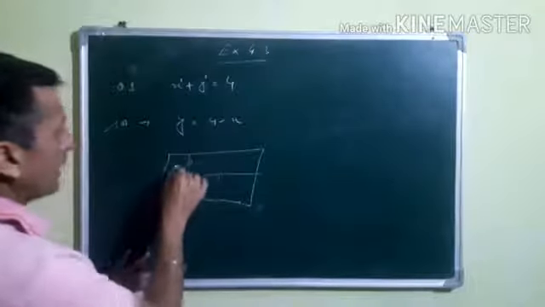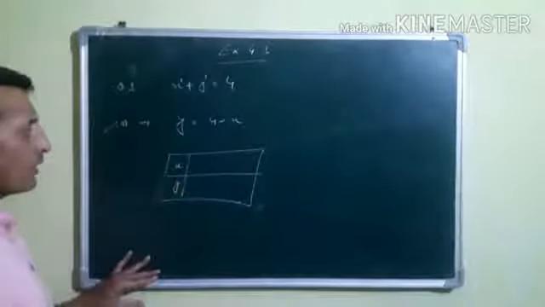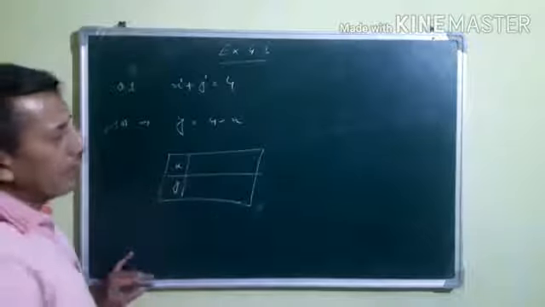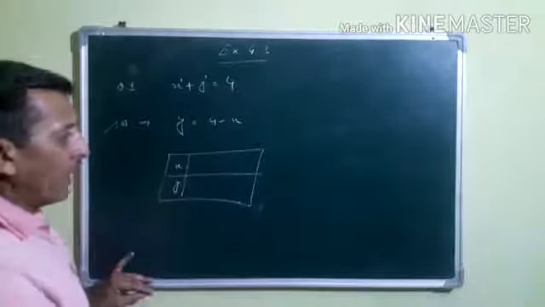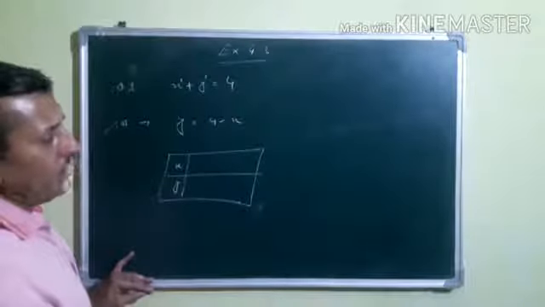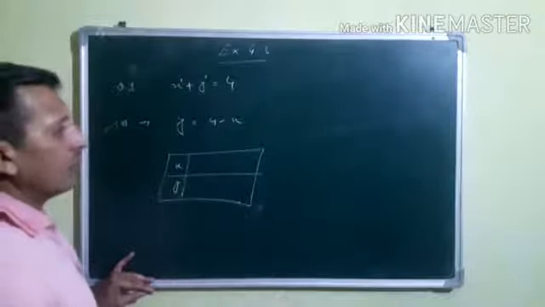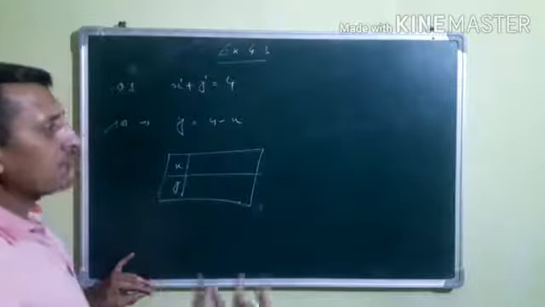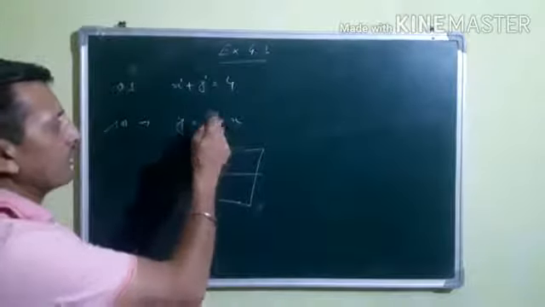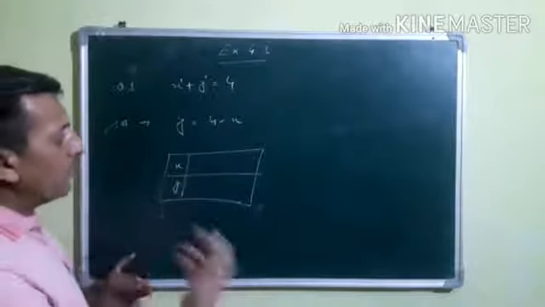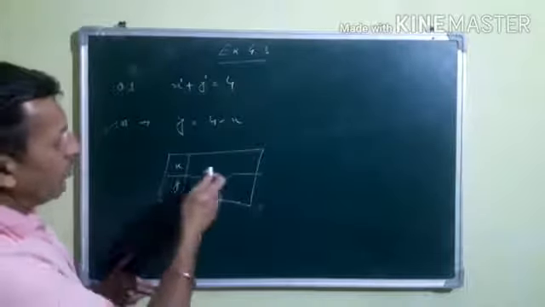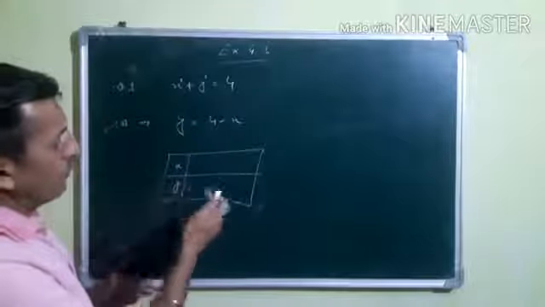In this case you have to substitute some values for x, and similarly some values for y, so that we can find some points, because when we get some points, then we can draw that line. This is a line, so if you want to draw the line, we need some points.